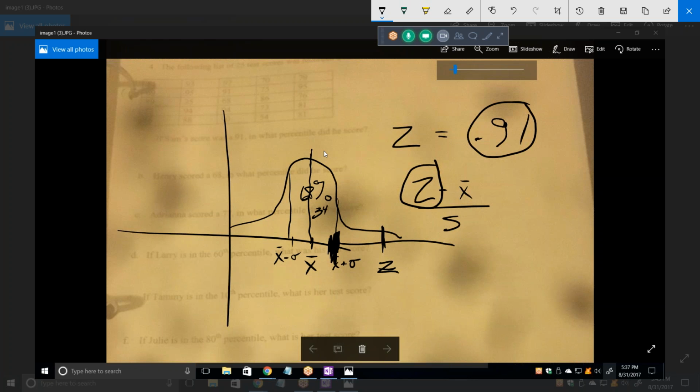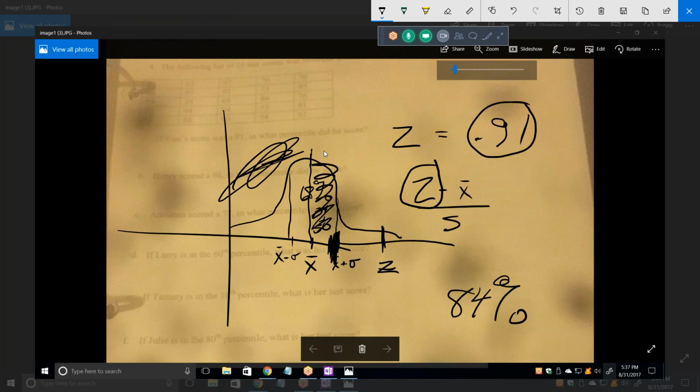You understand that? Mm-hmm. In other words, 84% of the data would lie to the left of that Z-score. And the way I just get it is everything over here is 50%, and I know that's 34%.